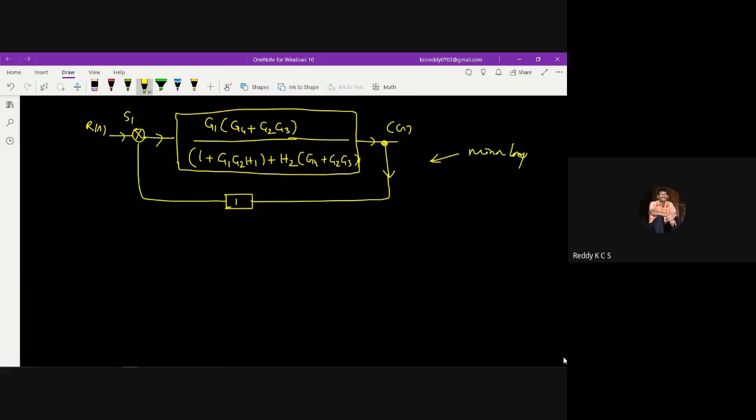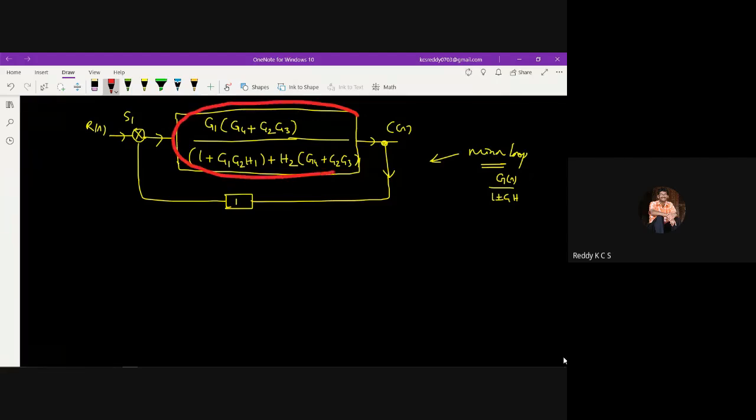If you look at the minor loop equation, how many times have I applied it? The minor loop equation is G by 1 plus or minus G into H, or you can write just G by 1 plus G into H. Here G is this whole thing, because it is a single block I am treating.